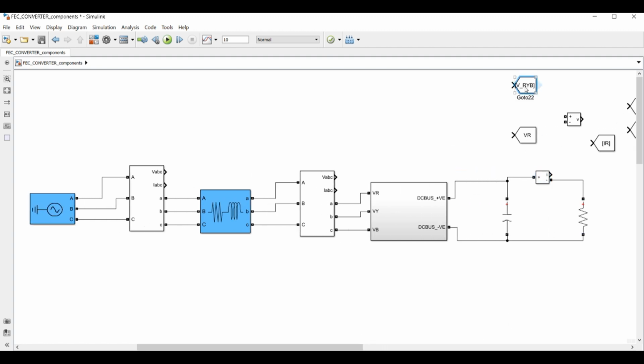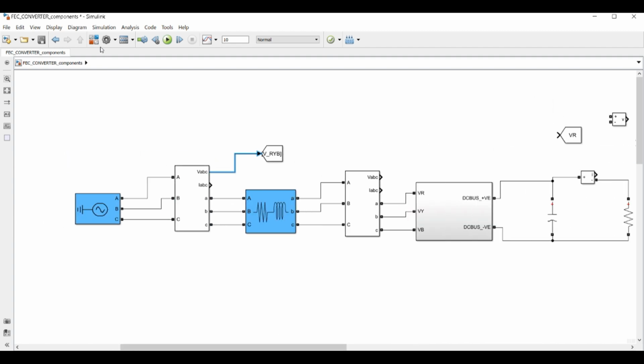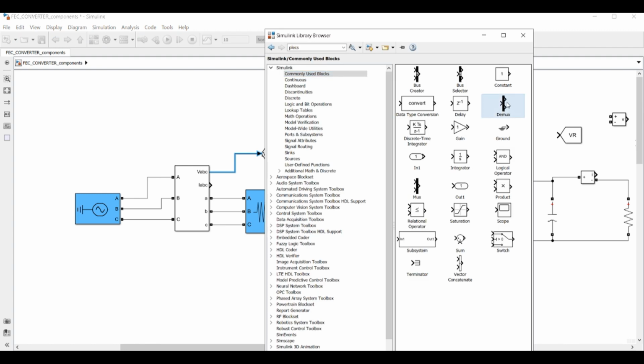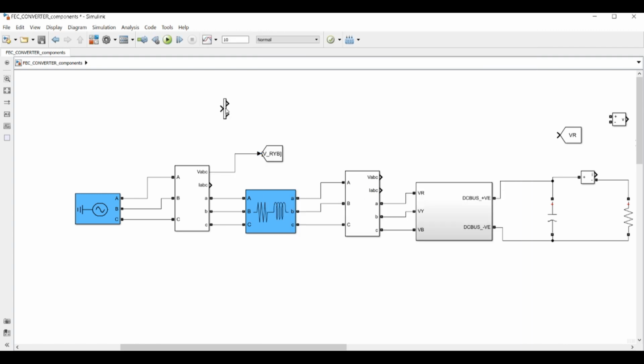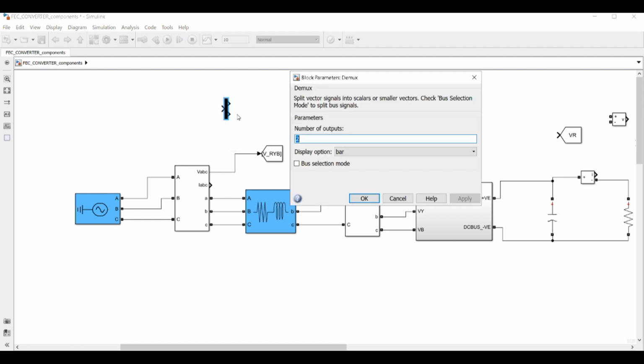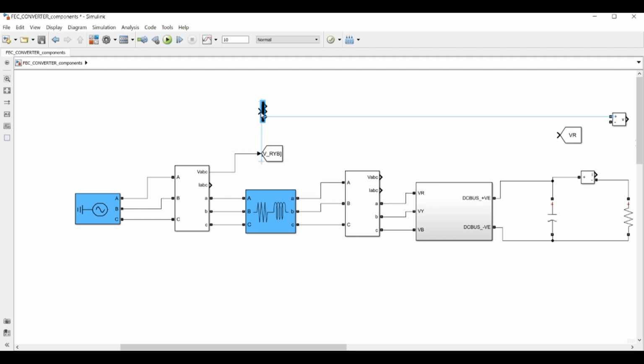So for that we will first place a Goto block to measure the grid voltage. We will also put a Demux over here, so that we can take these voltages individually.